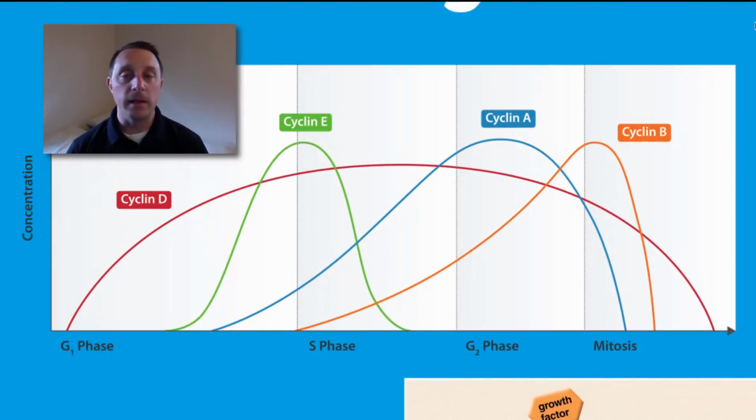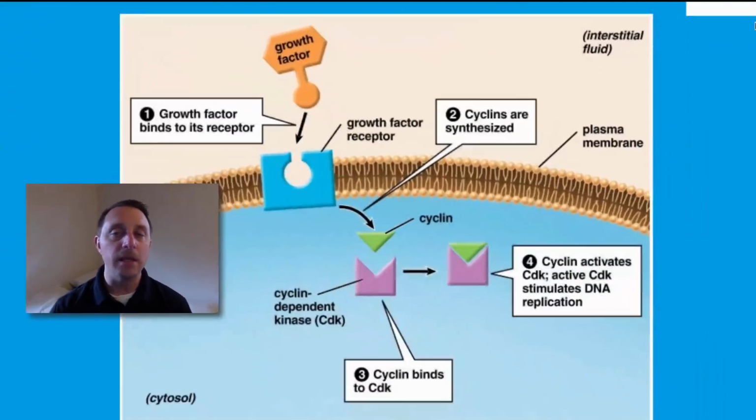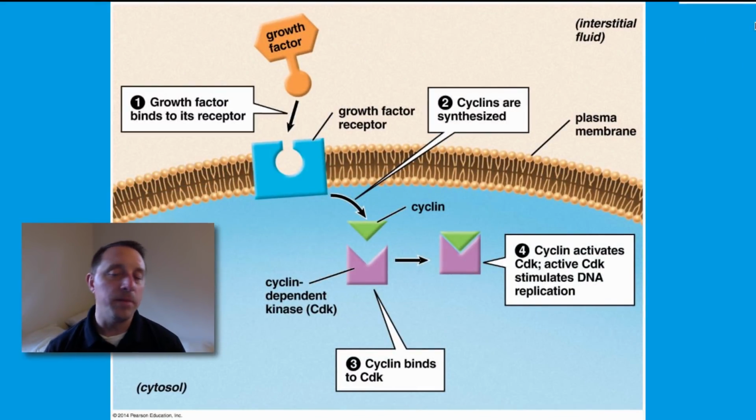So these cyclins, as I said, they go up and down through different phases of the cell cycle. We see a few examples here. And as these cyclins complex with their CDKs, the CDK enzyme activity, the kinase activity becomes activated, and they will phosphorylate their targets, and that will move the cell through that stage of the cell cycle.